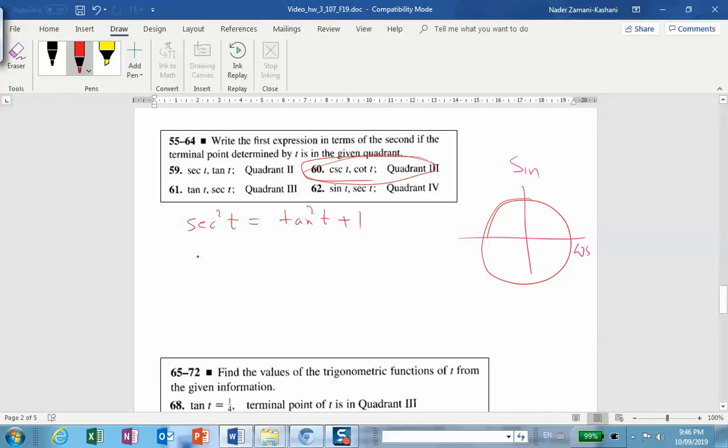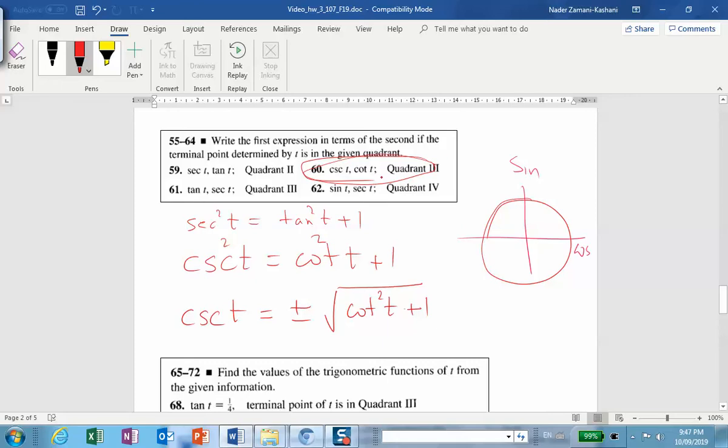So just like that, we have cosecant squared t is equal to cotangent squared t plus 1. So cosecant of t is equal to plus or minus square root of cotangent squared t plus 1. The question is, which sign?